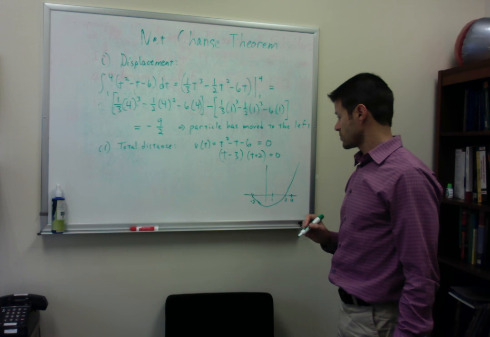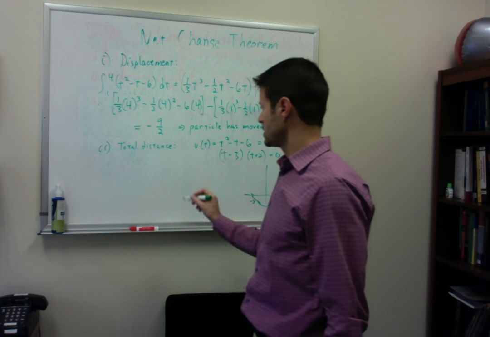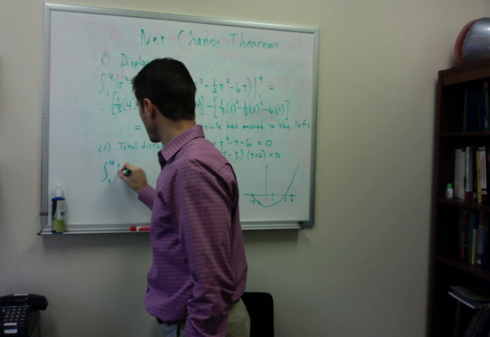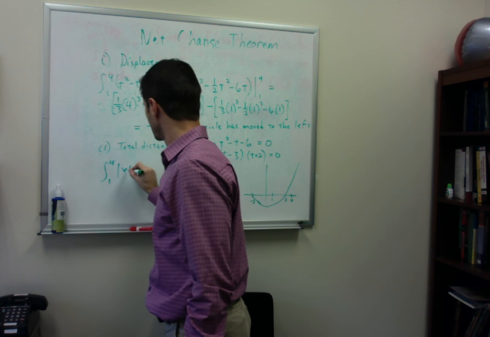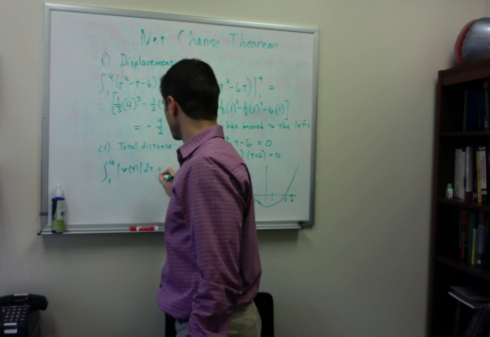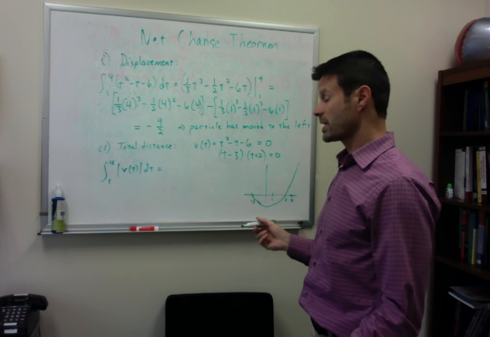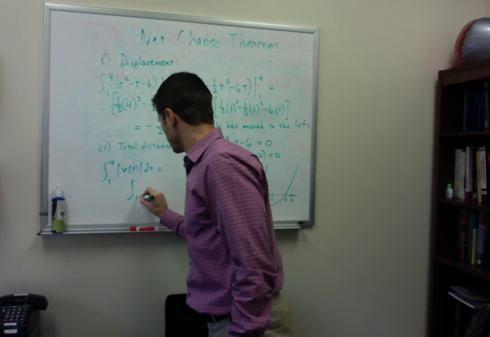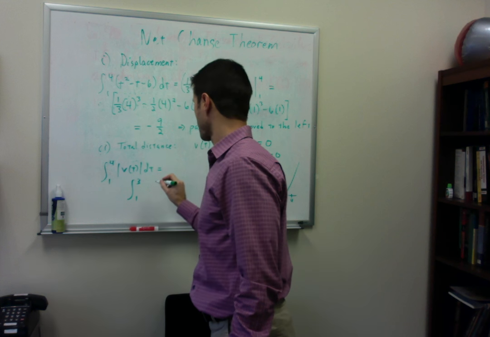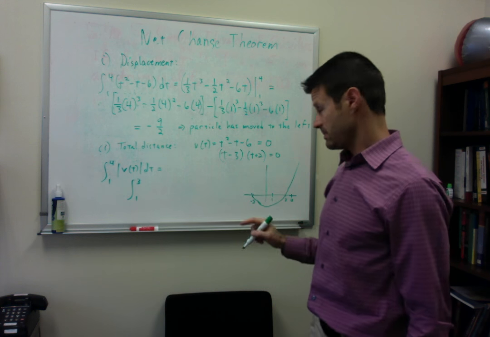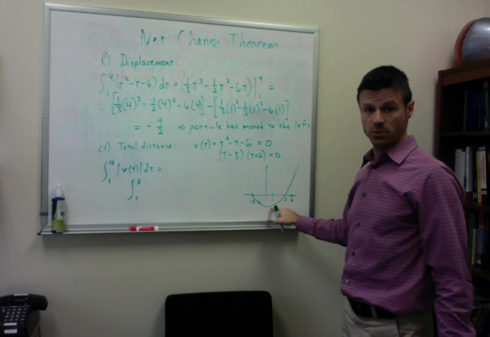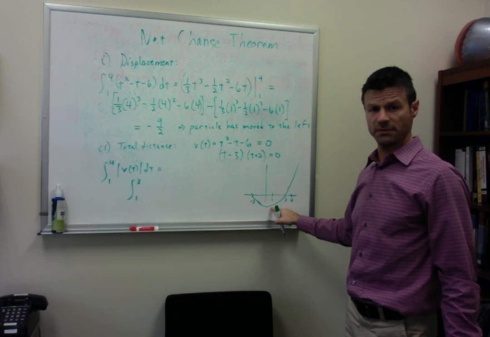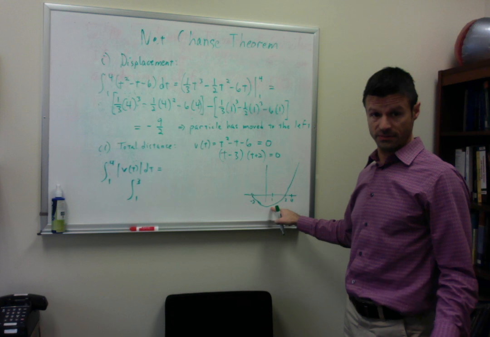To construct my integral, we set up the integral from 1 to 4 of the absolute value of v of t dt, and we write this as two integrals. We write an integral from 1 to 3 of the negative of v of t, because we want this to be positive. We're basically taking the negative of something that is negative, making it positive.